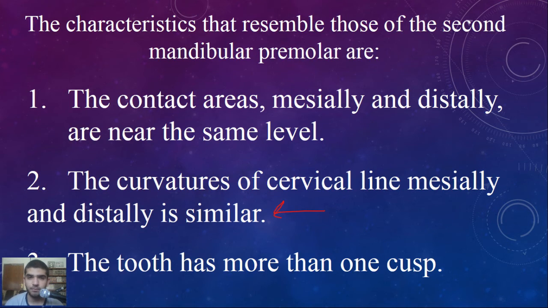And the third characteristic is that the tooth has more than one cusp. We said that in the mandibular first premolar, the lingual cusp is small and non-occluding, but it is present.